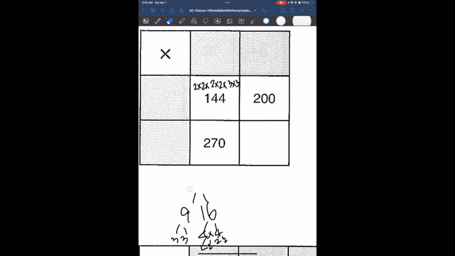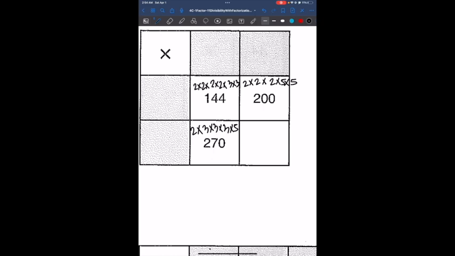And then for 200, we can express 200 as 2 times 2 times 2 times 5 times 5. And then for 270, we can express that as 2 times 3 times 3 times 3 times 5.